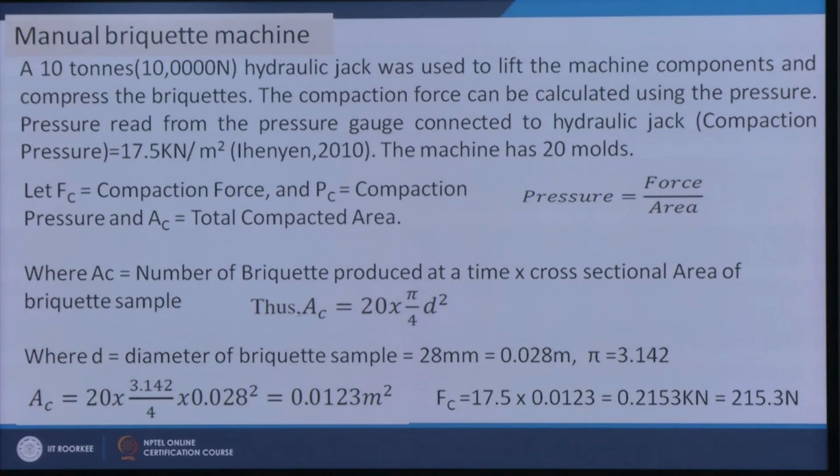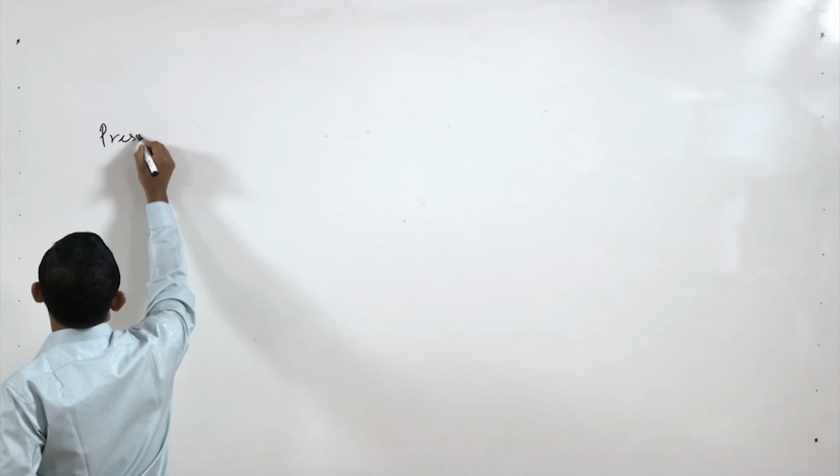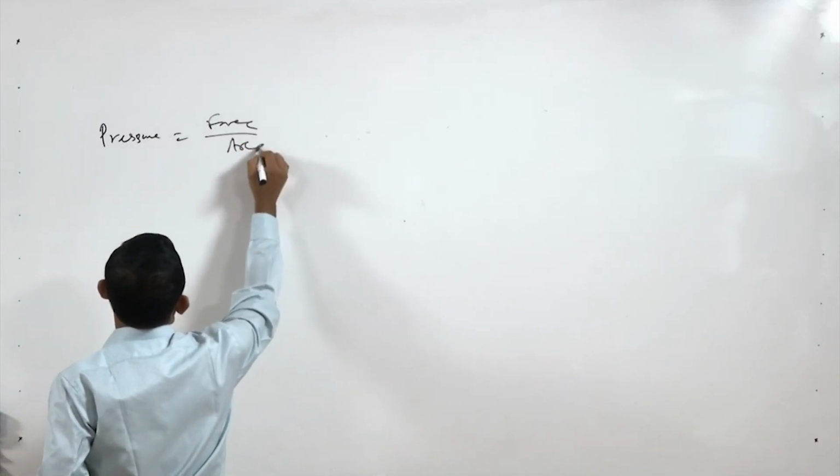The compaction force can be calculated using the pressure. The pressure read from the pressure gauge connected to the hydraulic jack is 17.5 kilonewton per meter square. The machine has 20 moulds. So how much pressure force is exerted on this machine has to be calculated. We know pressure is equal to force by area.